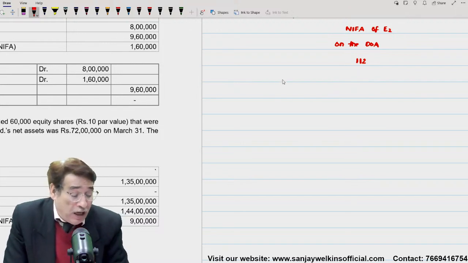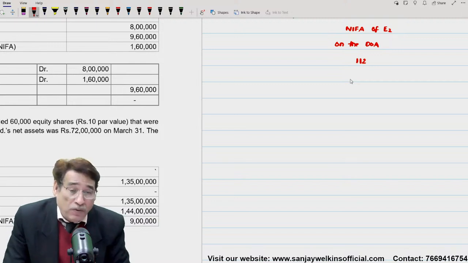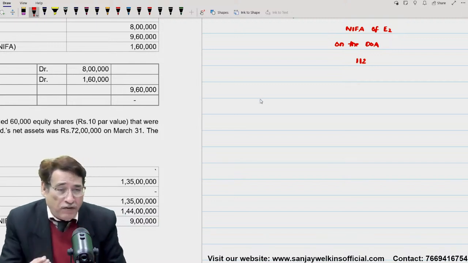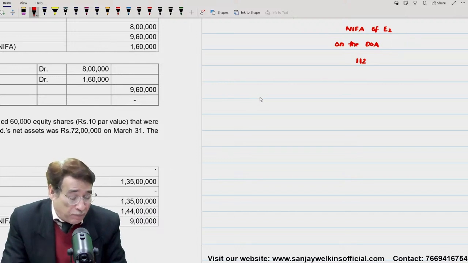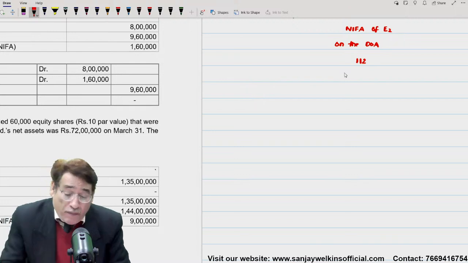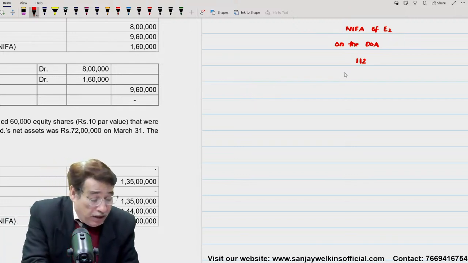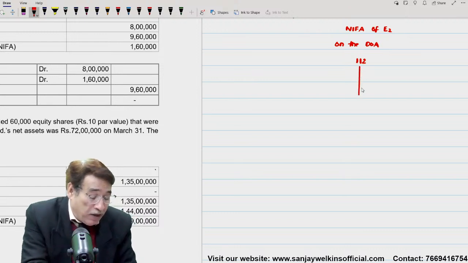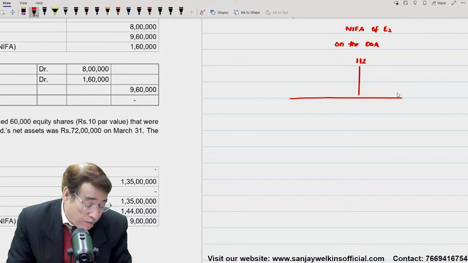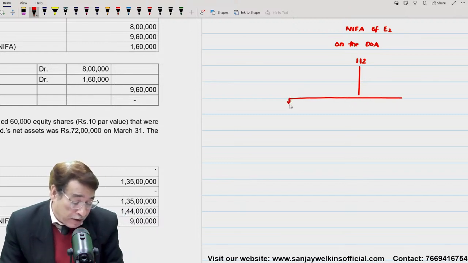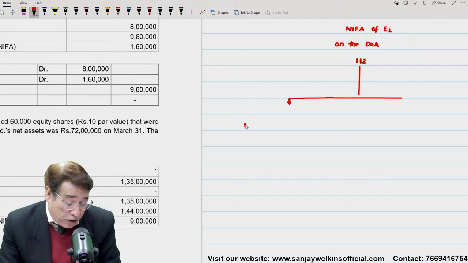Fine, sir. Now suppose I am going to ask you, please compute the value of the NCI as per proportionate share of net assets basis. Suppose I am going to compute, then how am I going to compute? On the date of acquisition, net assets of subsidiary company is equal to 112, and out of that, NCI share will be how much?